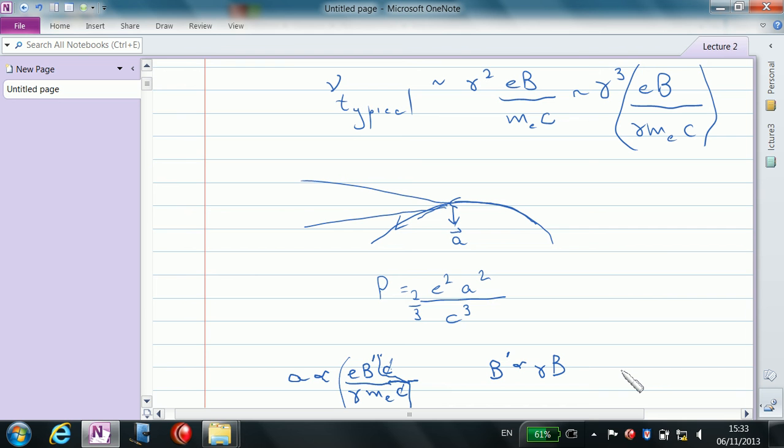It's not e times B times c. So this B is in the lab frame, not in the frame of the electron. Yeah, I'm sorry. B should be in the frame of the lab. But this formula is wrong.